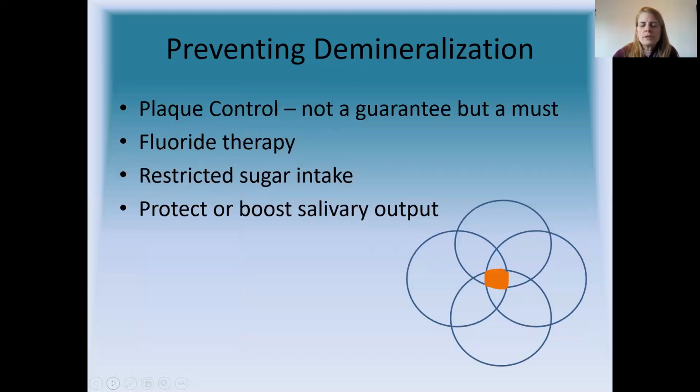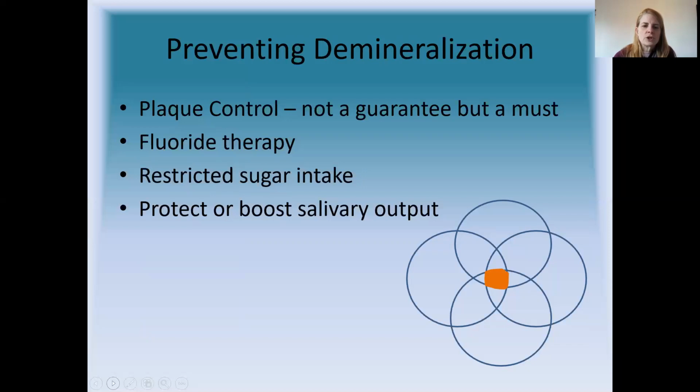Now, we've been talking about preventing demineralization. Our whole BMod project is based on the fact that we want to help a patient control habits and caries risk factors that would lead them to demineralization, lead them to caries, lead them to eventually losing teeth, right? So we want to tell them all about the frequency of sugar.